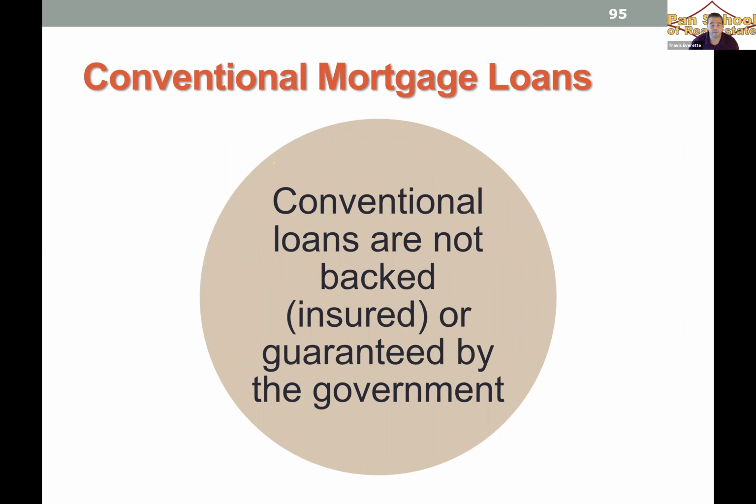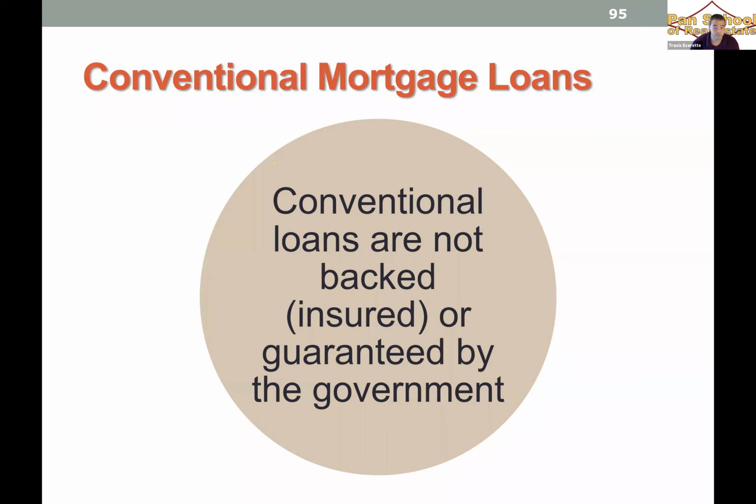The grandfather of them all is the conventional mortgage loan. Conventional always means expected, normal. Normal is probably not a good word, but most common. Conventional in this case means loans that do not have anything to do with the United States federal government.